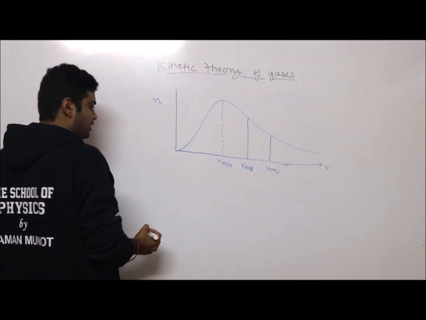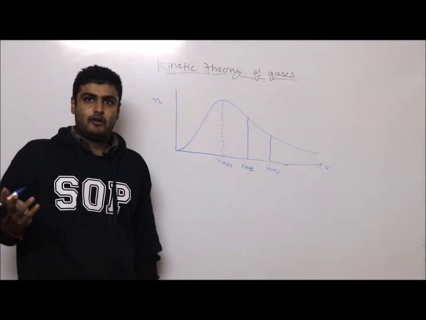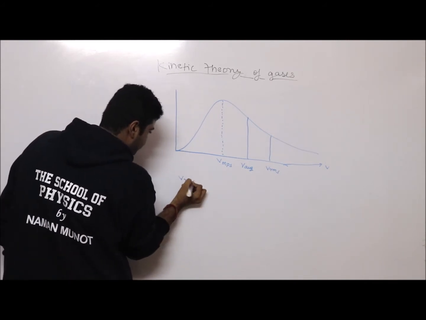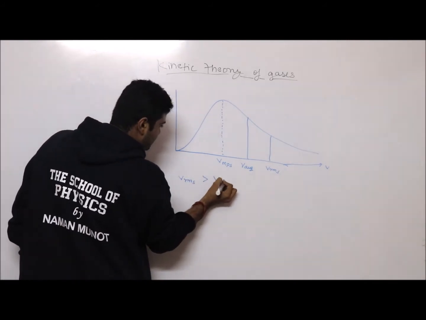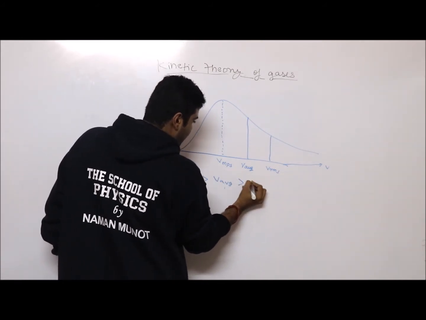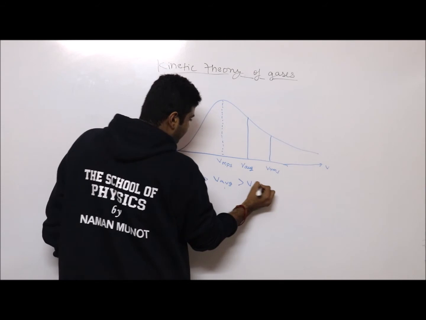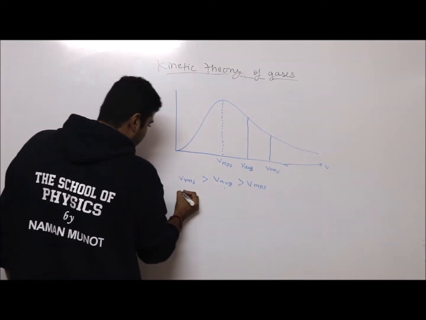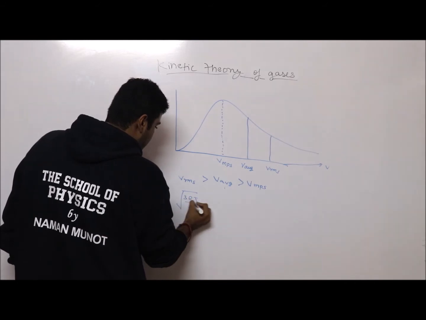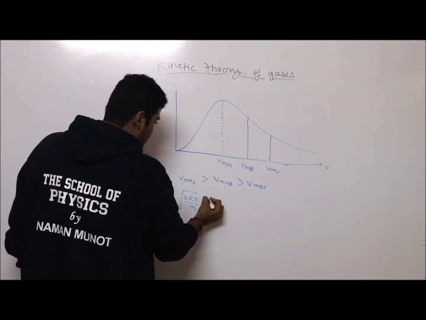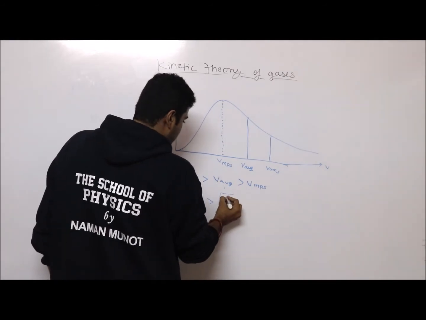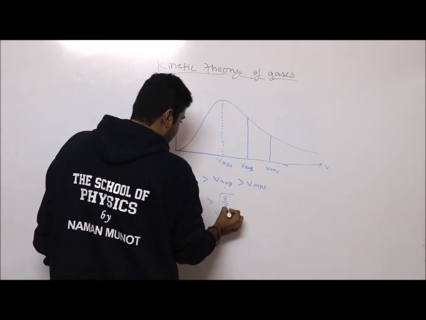We need to remember the formulas because direct formulas will come. We know that V RMS is greater than V average, which is greater than V most probable speed. So V RMS formula is under root 3RT by M. This is greater than V average, whose formula is under root 8 by pi RT by M. You just have to remember the constants.